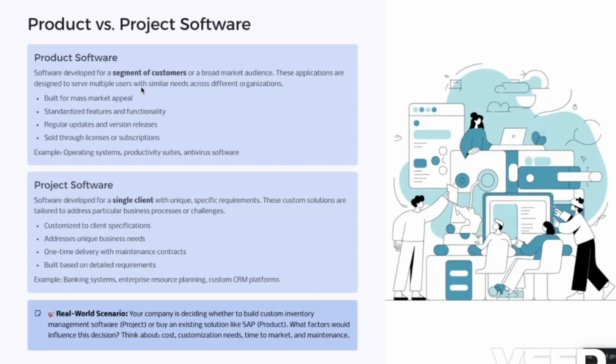Similarly, ERP, the enterprise resource planning, and CRM systems that take care of and maintain all the records. Those systems are not accessible to normal people outside that company. So they are basically adhering to the needs of that particular client based on those requirements. So that is project software.